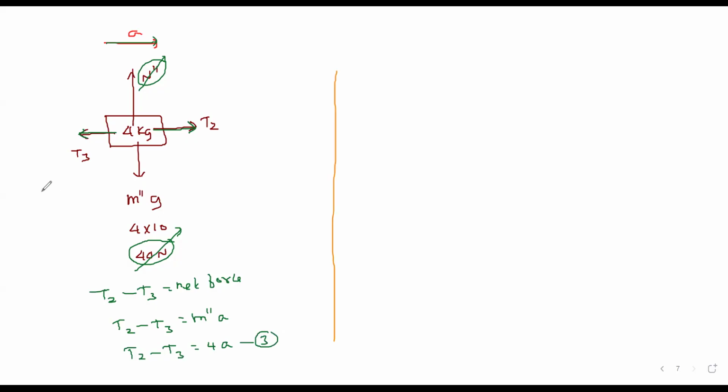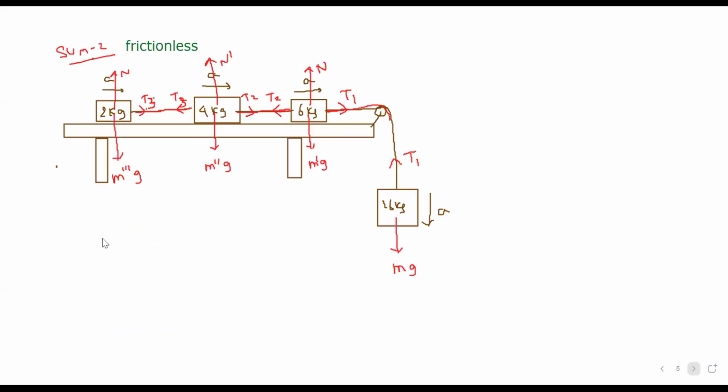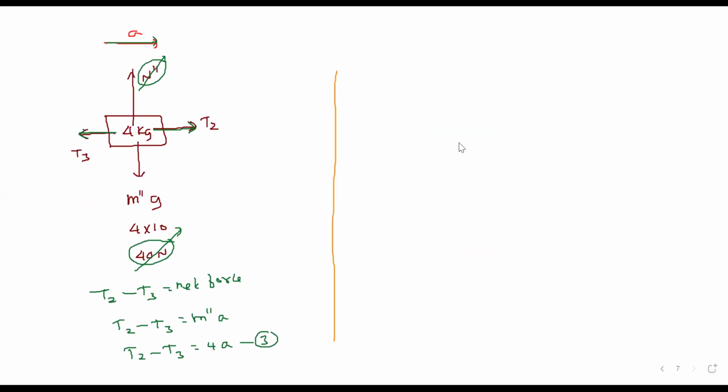Now the last object, the 2 kg object. How many forces act on the 2 kg object? 3 forces act. Its weight, mass into gravity, 2 into 10, that is 20 Newton. Normal reaction acting in the upward direction.